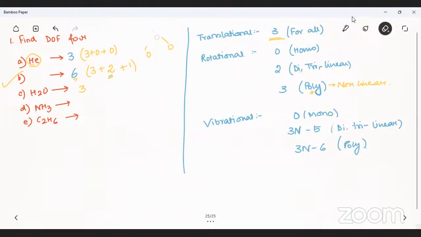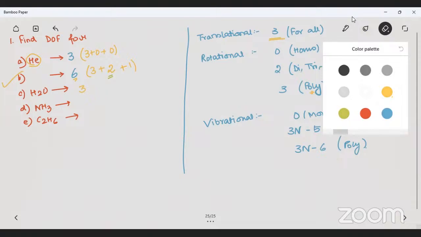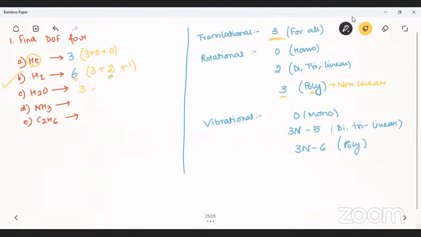So I can't consider water to be linear, and water is not a simple molecule like hydrogen. Water is like a bent structure. So we will consider this 3. Now we can't use this formula.